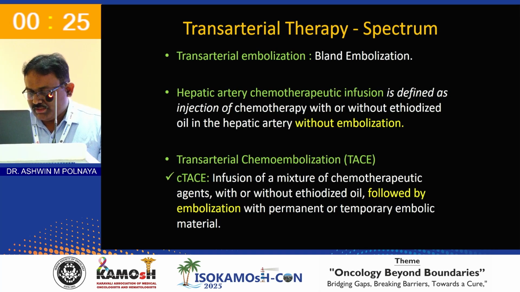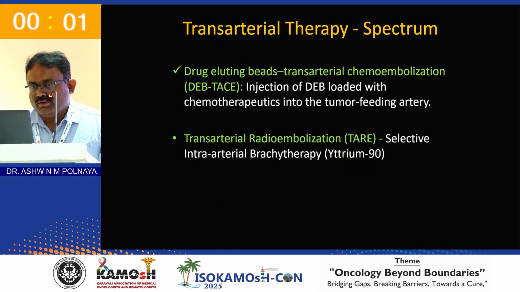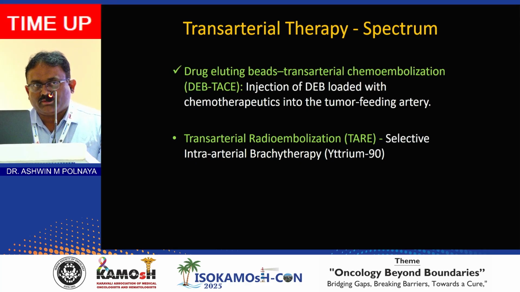This may be done as either a bland embolization, where only the ischemic effect gives the tumoricidal effect, or using chemoinfusion, or chemoembolization, where a combination of chemotherapeutic agents and embolization gives the tumoricidal effect. It may be in the form of conventional TACE, where we combine the chemotherapeutic drug with Lipiodol, or it can be loaded into special microspheres which are referred to as drug-eluting beads.